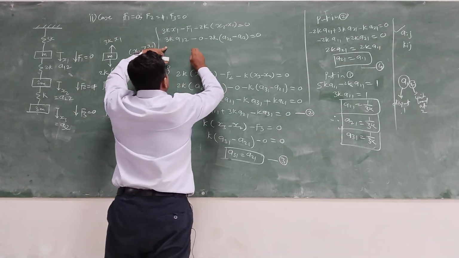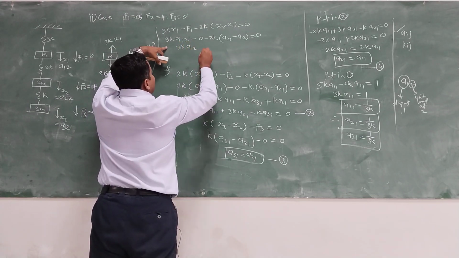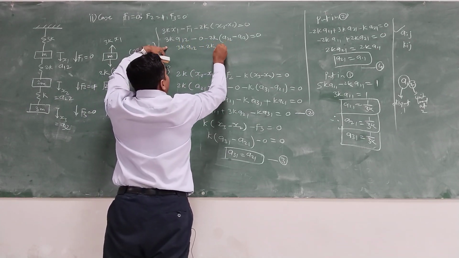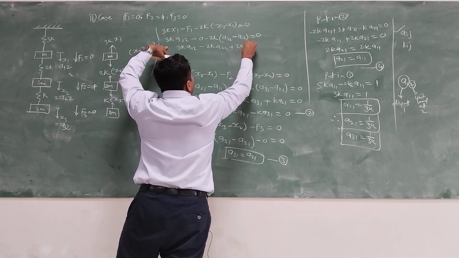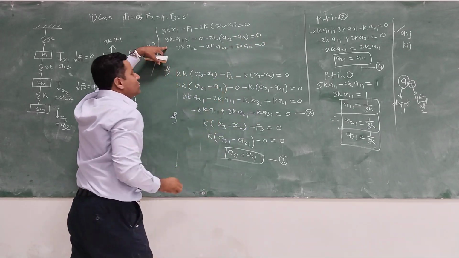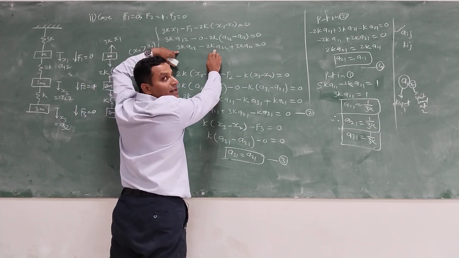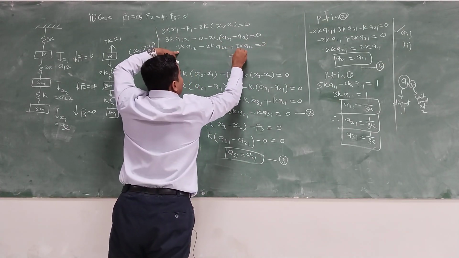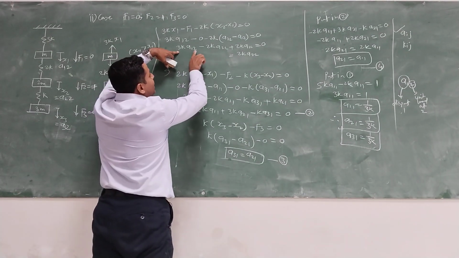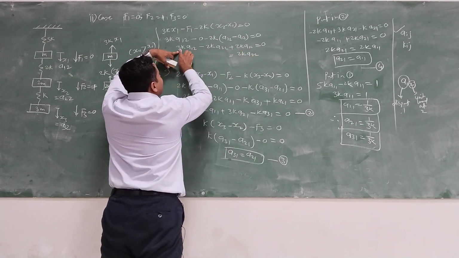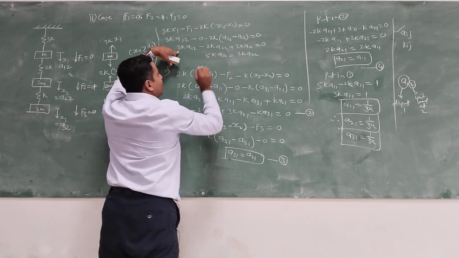So we'll simplify: 3k A12 minus 2k A22 plus 2k A12 is equal to 0. I'll transfer this minus term on that side. So 2k A22 equals 3k A12 plus 2k A12, 3 plus 2 is 5k A12.